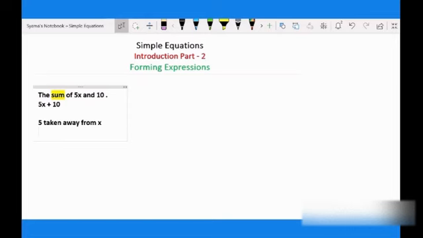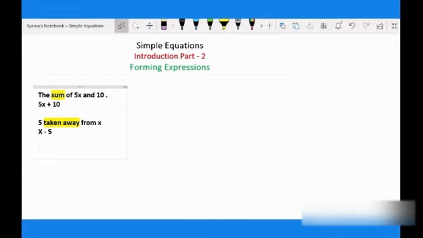By seeing the words we need to recognize what operation it is. Taken away is nothing but subtraction, so we need to write it as x minus 5. Now we are done with subtraction.